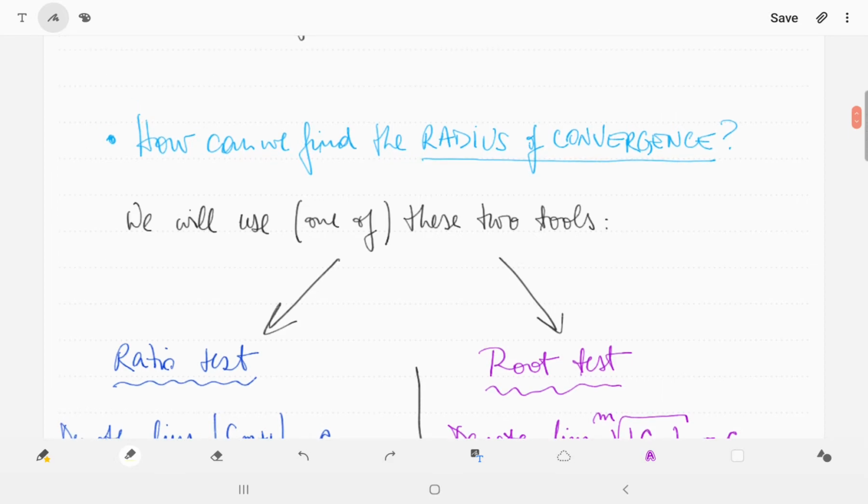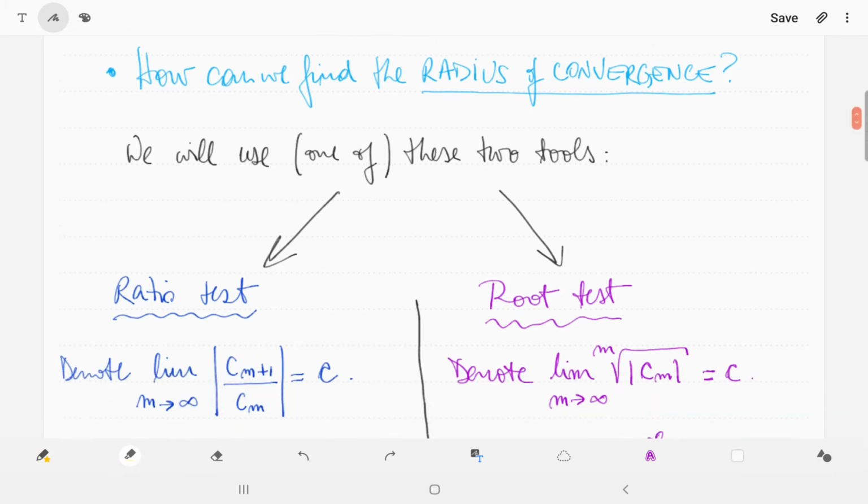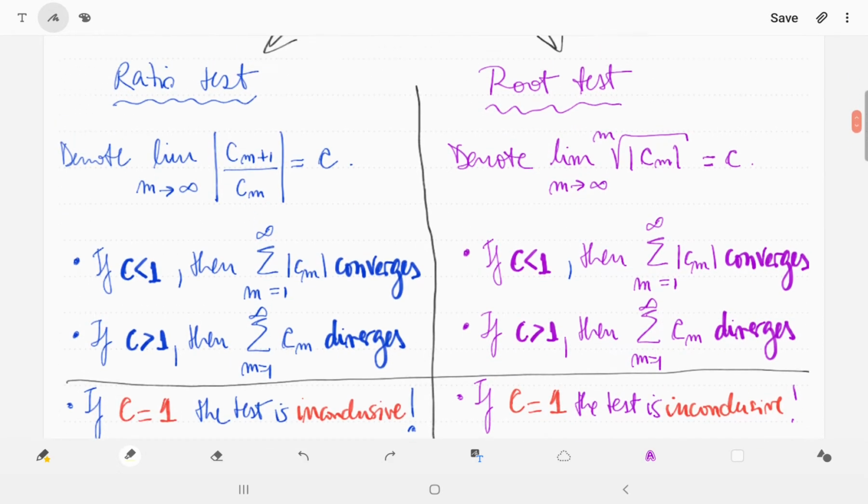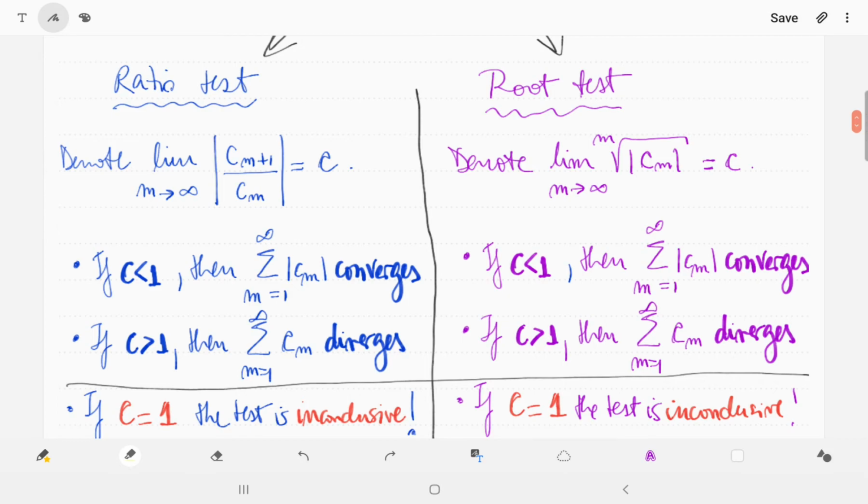So how can we find this radius of convergence or the interval of convergence of a series? We will have mainly these 2 tools, and in each exercise we can choose one of them. The 2 tools are the ratio test and the root test. What do they say? We denote this limit as C, and we have 2 conclusions and then one part where we don't know what to do.